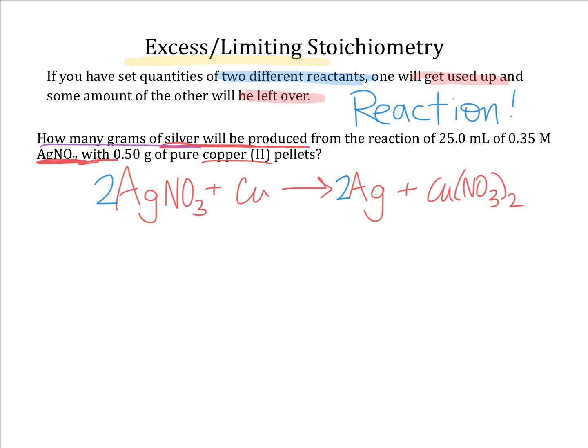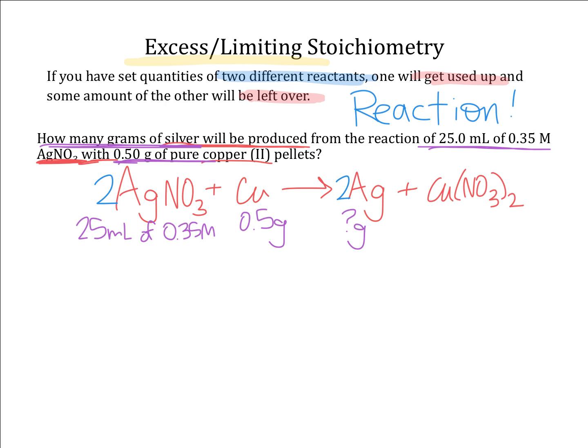How many grams of silver? So I'm looking for the number of grams of silver from the reaction of 25 milliliters of 0.35 molar silver nitrate with 0.5 grams of pure copper.